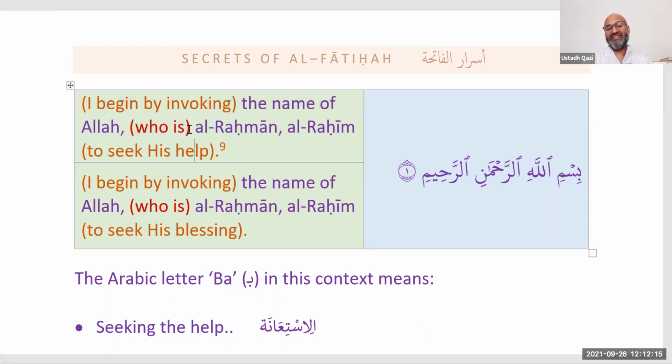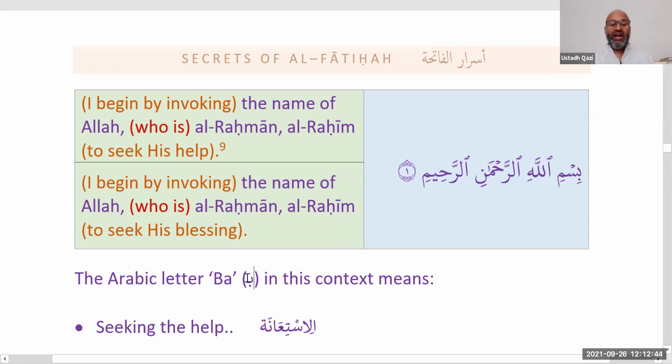It's the job of the mufassir to clarify, to bring out the mahdhufat, the hidden stuff. The second is I begin by invoking the name of Allah, who is ar-Rahman ar-Rahim, to seek his blessing, the barakah.